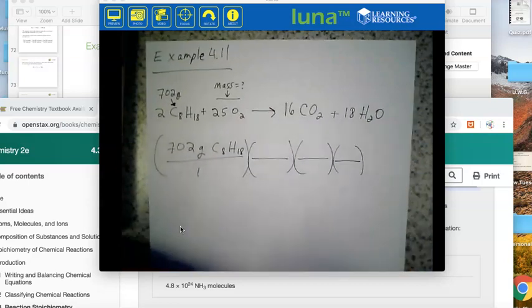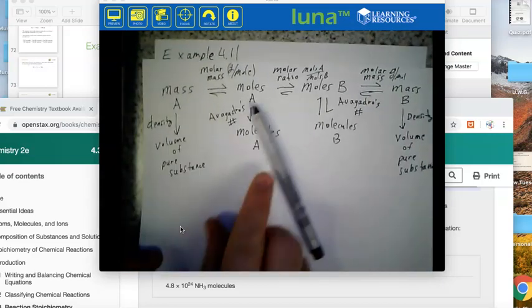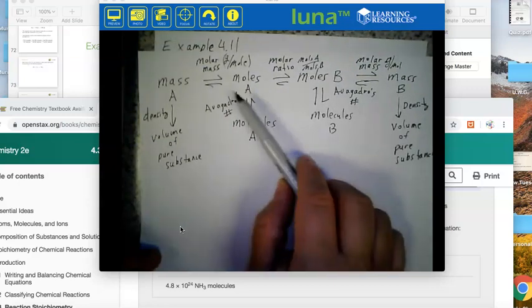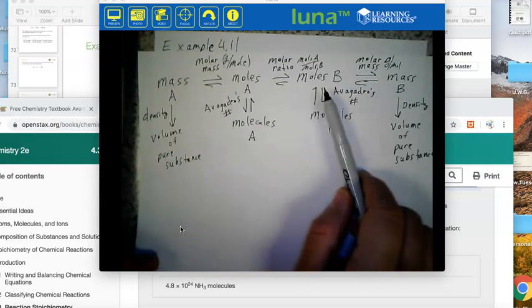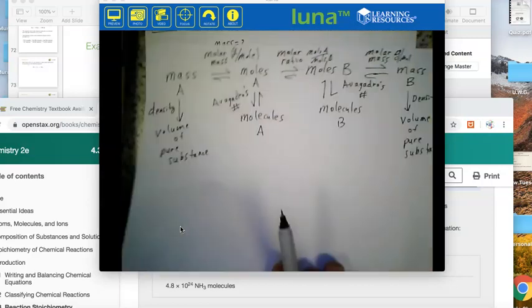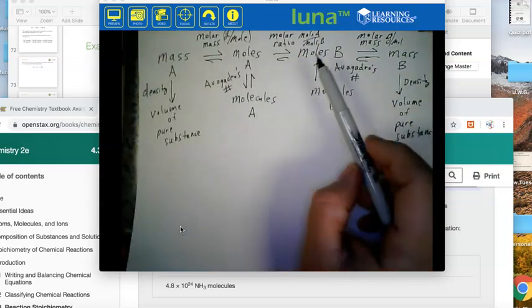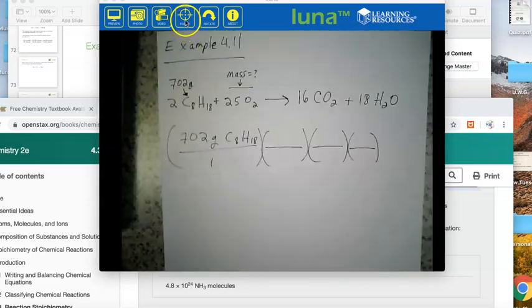So this problem is similar to what we just did. So again, let's look at our flow chart here. We're going from the mass of propane to the moles of propane using molar mass, and moles of propane to moles of O2 using molar ratio, and then moles of O2 to mass of O2 using molar mass. So very similar, especially the same problem we did previously.